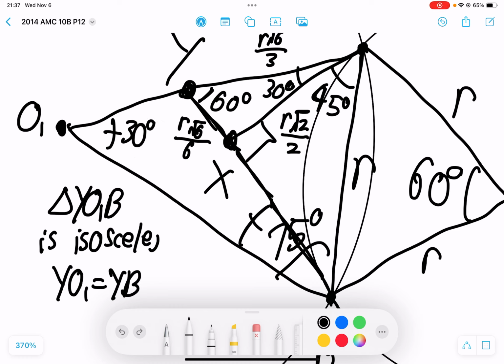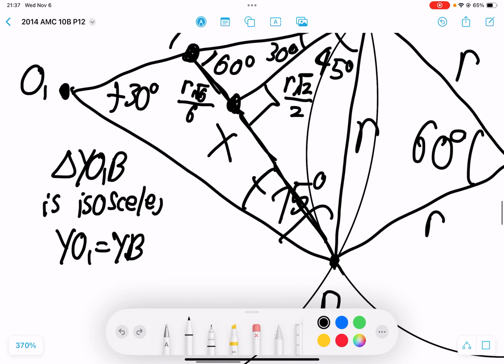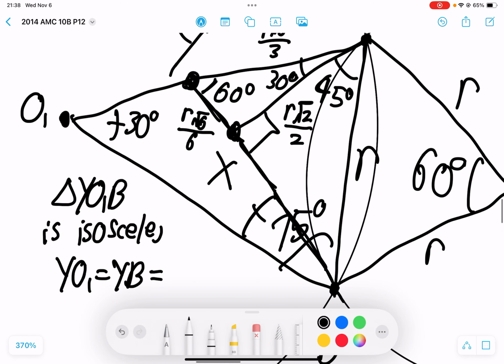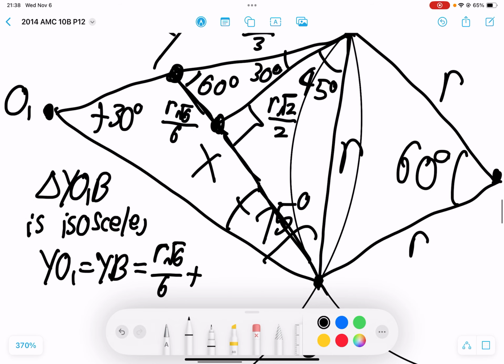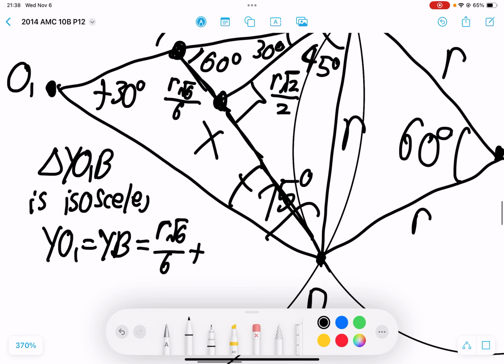So basically what this means is that YO1 equals YB, and YB is YX, which we know is R root 6 over 6, plus XB, which is just equal to XA. So that's just R root 2 over 2.